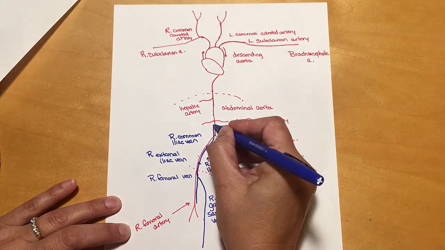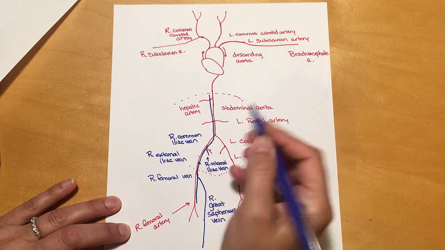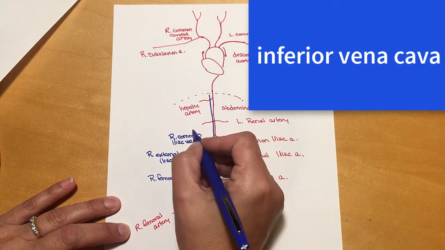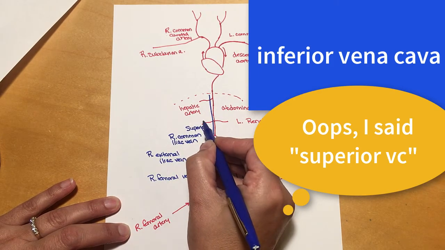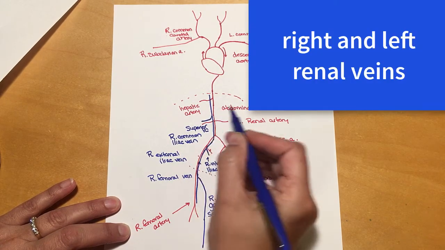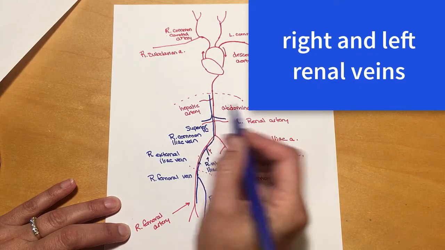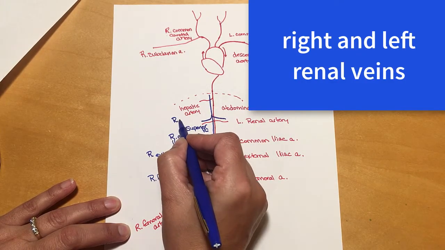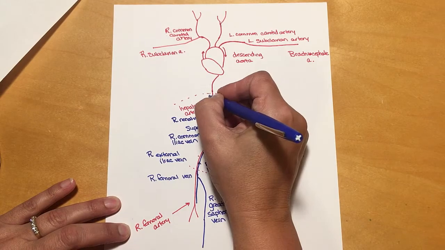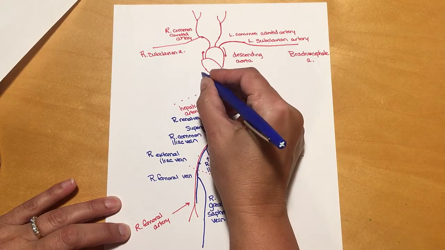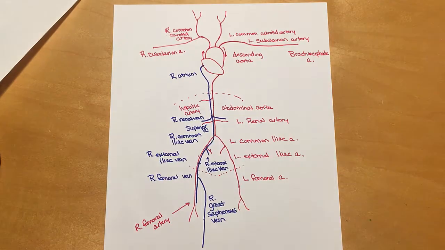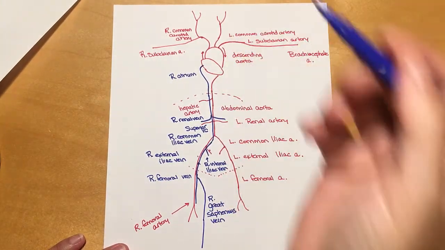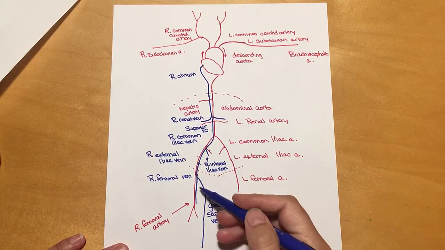And as it continues to move up through the abdominal cavity, now it's called the superior vena cava. We also have merging with the left and right renal veins. And we're going to move up through the diaphragm and into the right side of the heart, into the right atrium. Okay, so now we've brought blood back from the foot, at least on the right side.